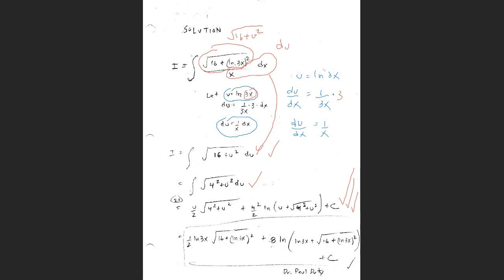All right, if we're good on that, now we'll put back in what u was. U is equal to the log of 3x, and so now I'm going to substitute the log of 3x back in for wherever u was.